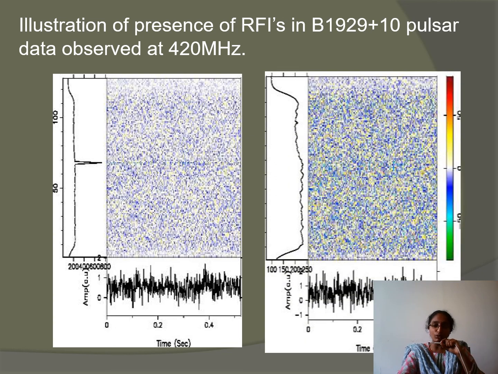So if we remove it, we will at least try to get some portion. Of course this snapshot is not for the complete duration of one cycle of the pulse, so you're not able to see the pulse. If we continue with the video like how I showed you in the previous slide, you will be able to identify, yes, the pulse can be seen once you remove the RFI.